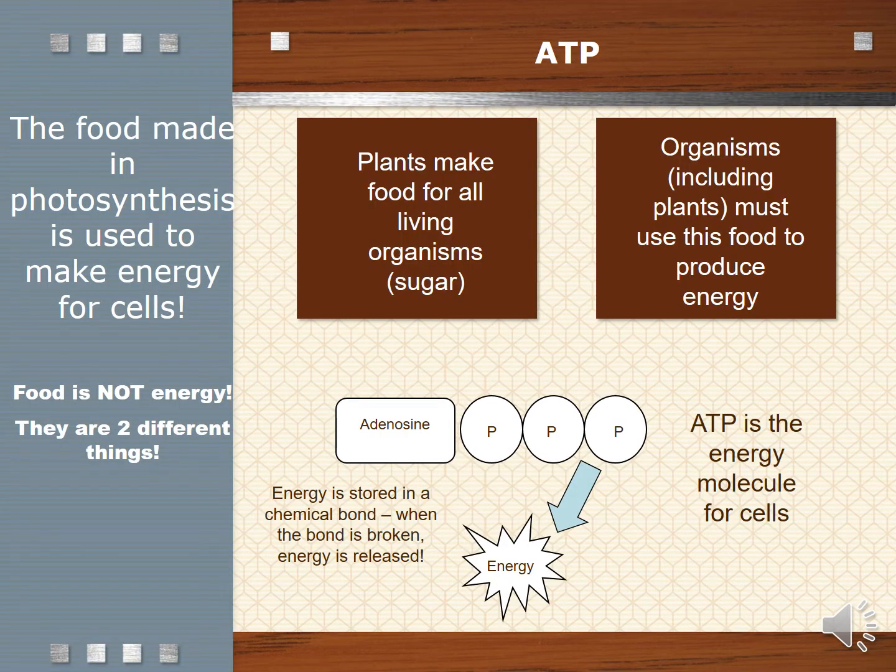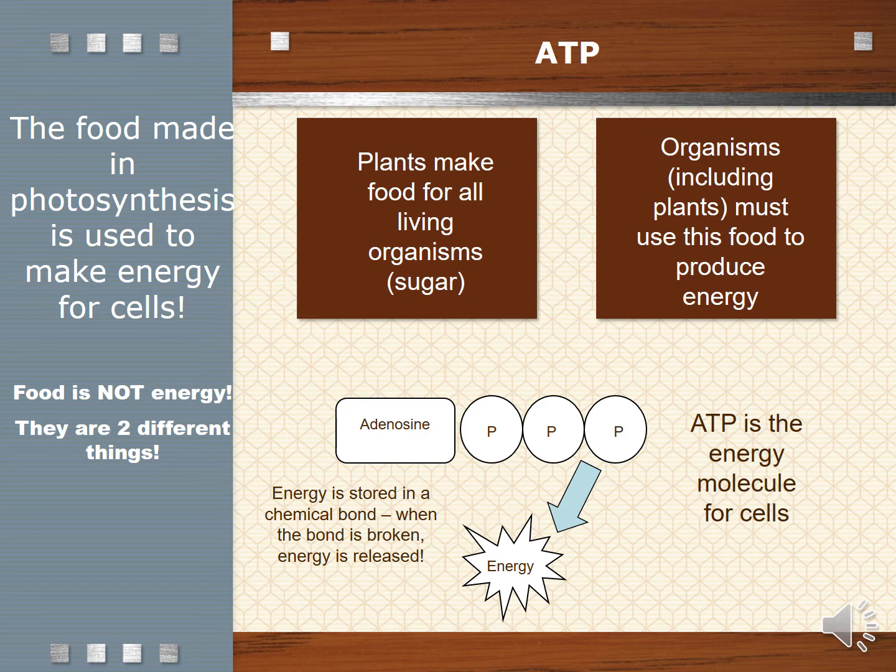All right, let's look at ATP. The food made in photosynthesis is used to make energy for the cells. The food that is made is sugar, glucose, and plants make all the food for all living organisms. Food itself is not energy. They're two different things.